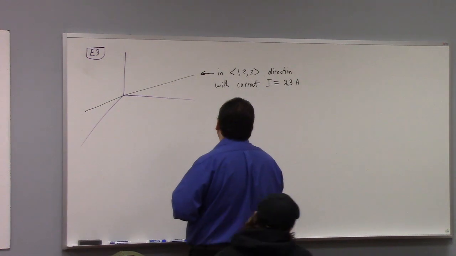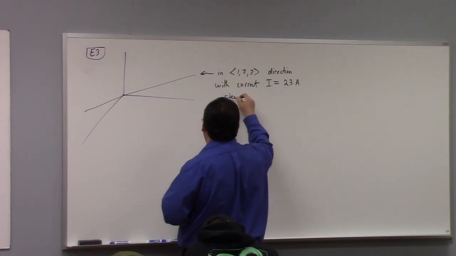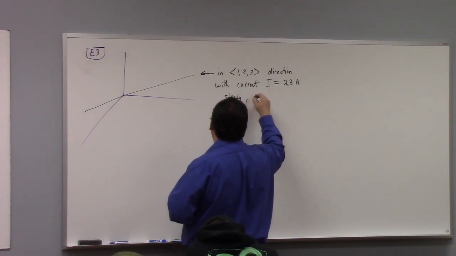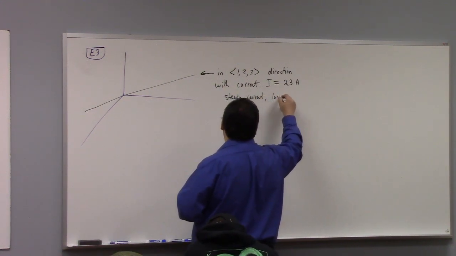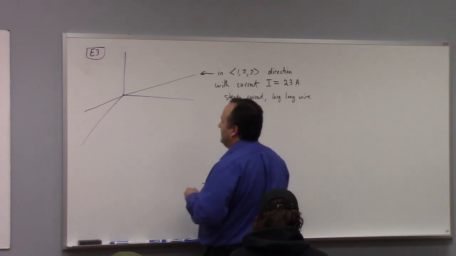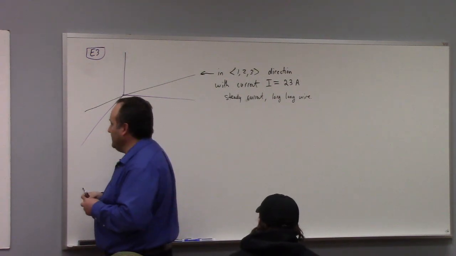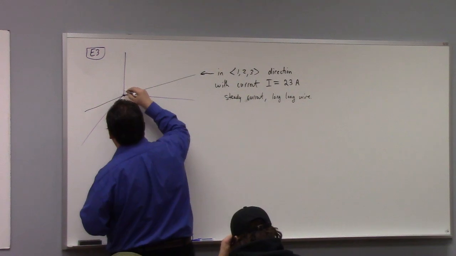So this is a steady current, long wire, and I'm assuming it goes through the origin. So here's a point on that line.